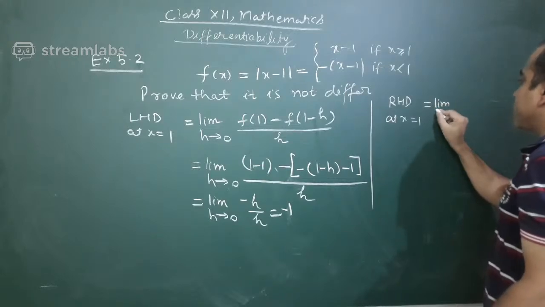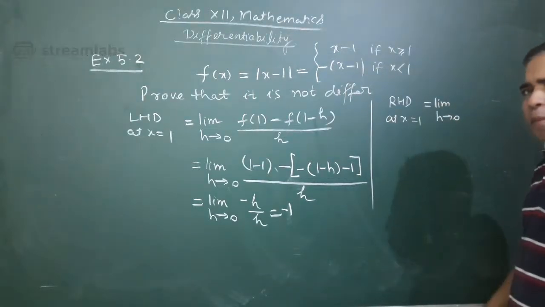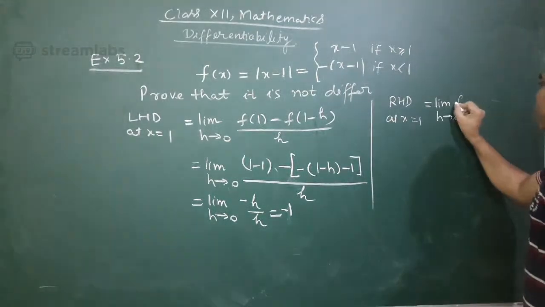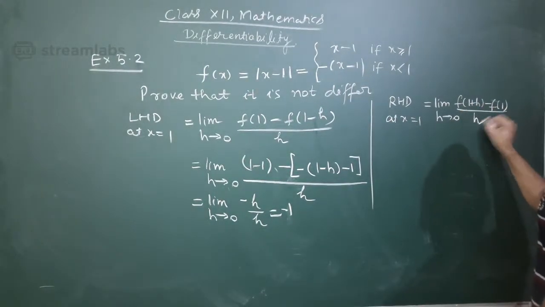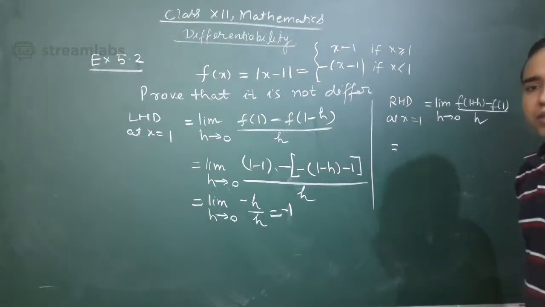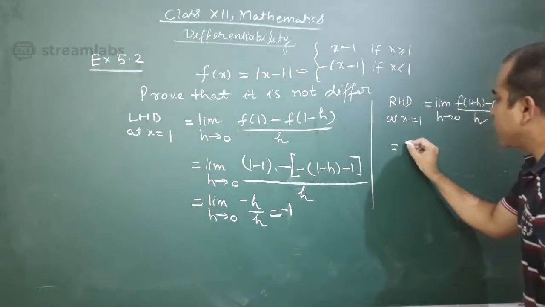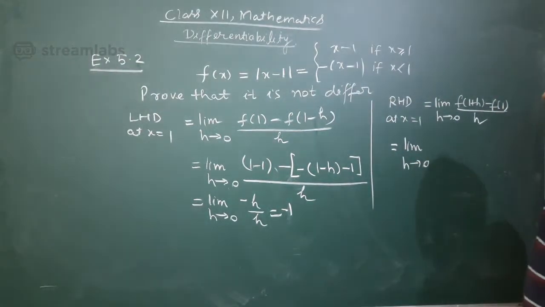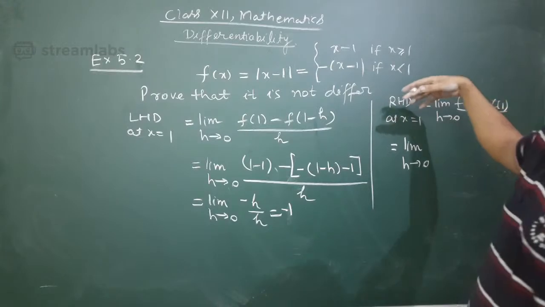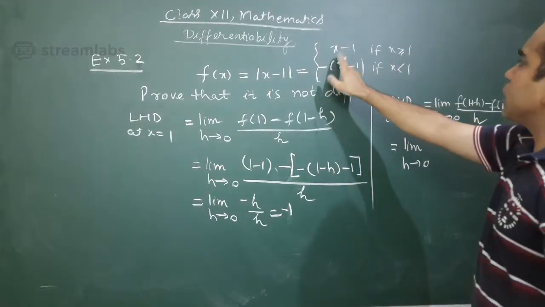And as per the definition, it will be limit h tends to 0 of f(1 plus h) minus f(1), whole upon h. f(1 plus h) कितना होता है? 1 plus h बोले तो bigger than 1. Bigger than 1 मतलब this definition will be applied.